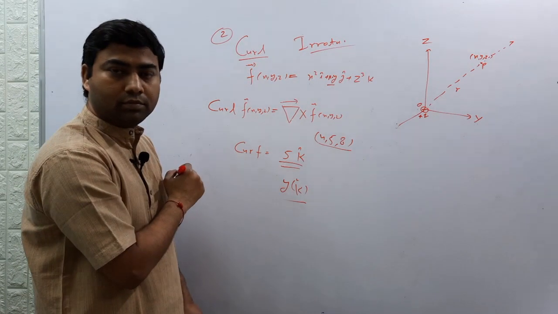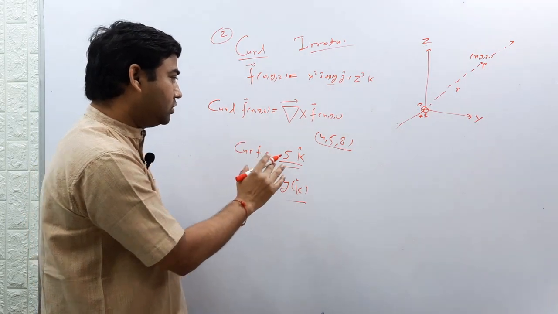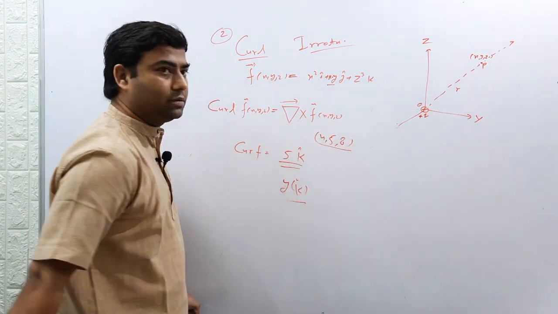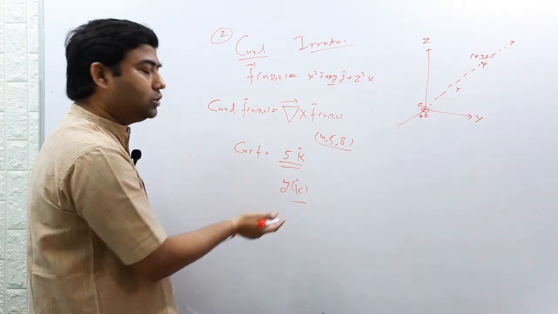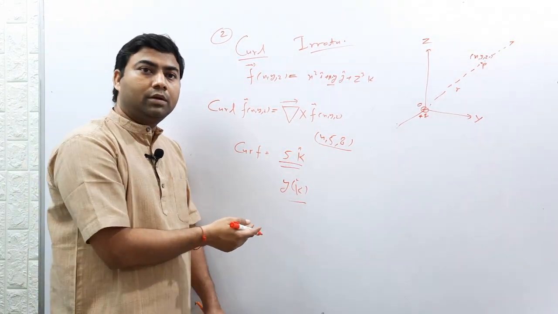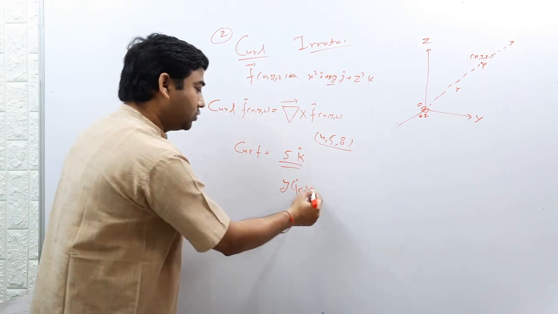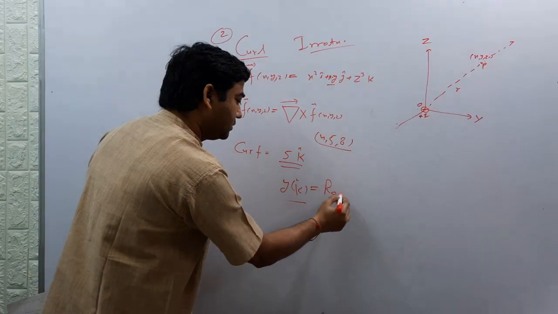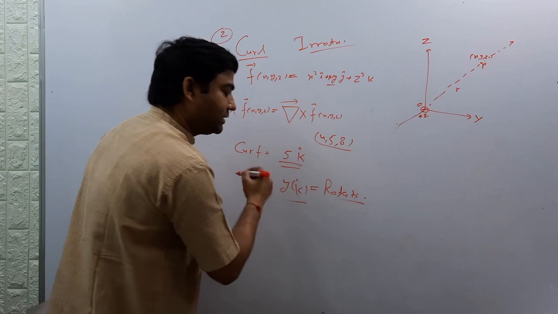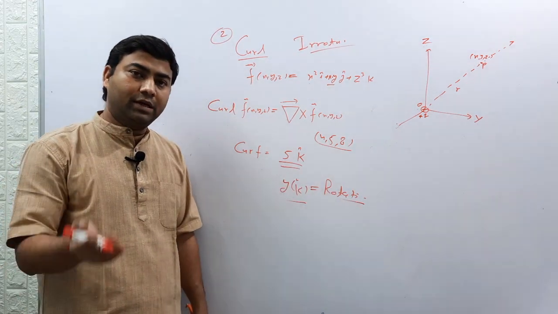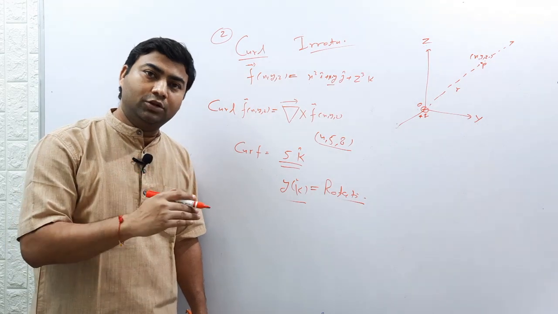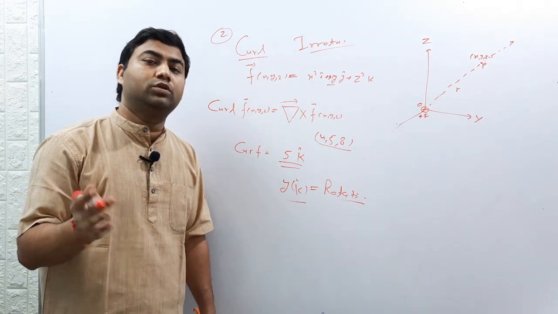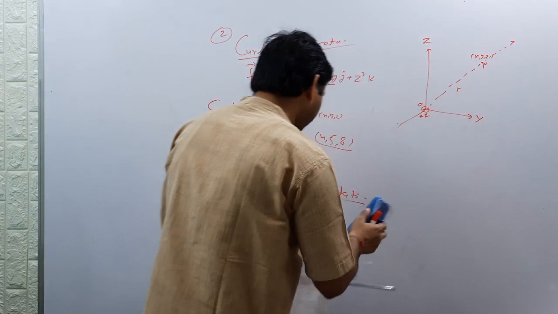That is non-zero. Curl is not 0 at any point except where y equals 0. So for a non-zero curl, it is called a rotational vector field. When curl is non-zero, the vector field is rotational. When curl is 0, the vector field is irrotational.